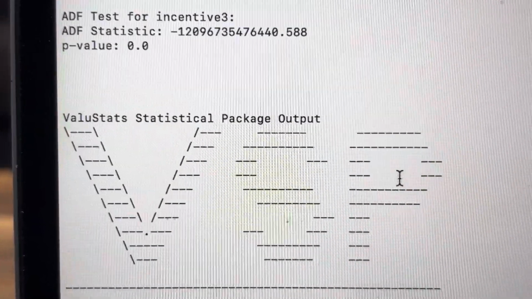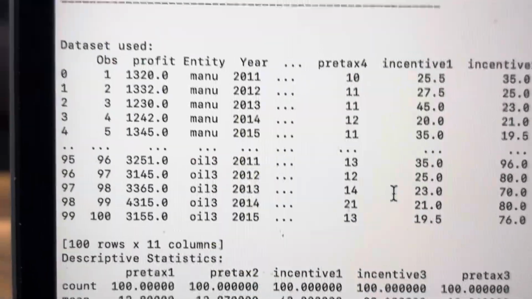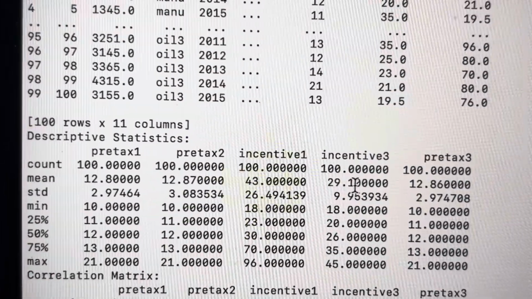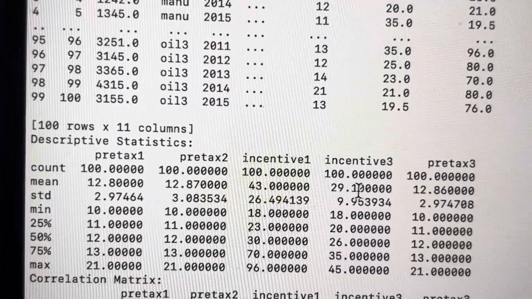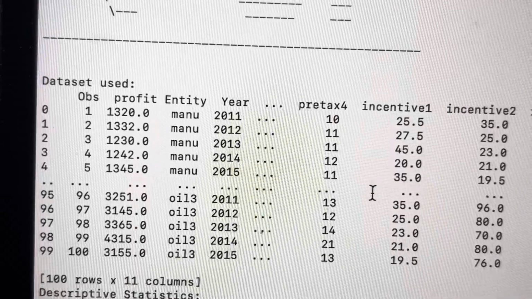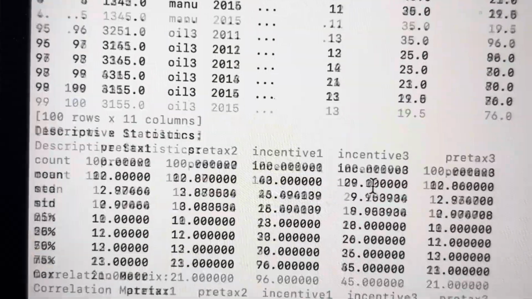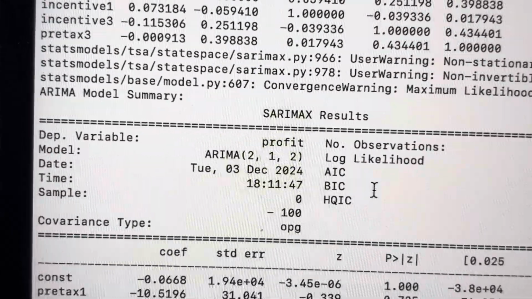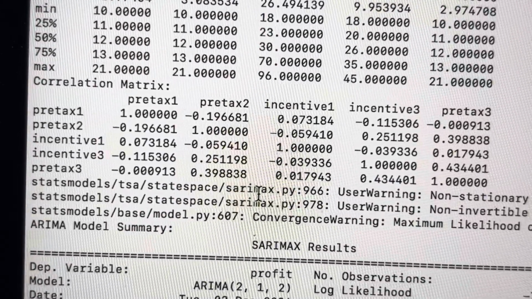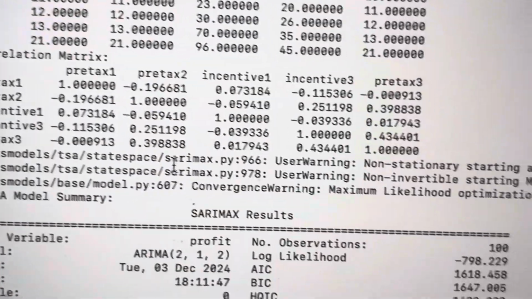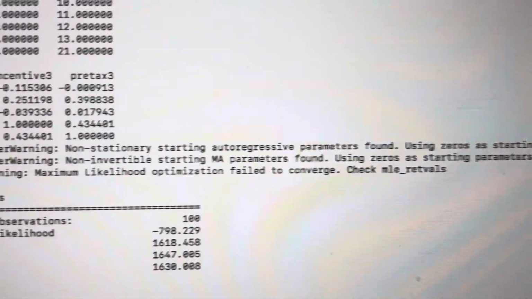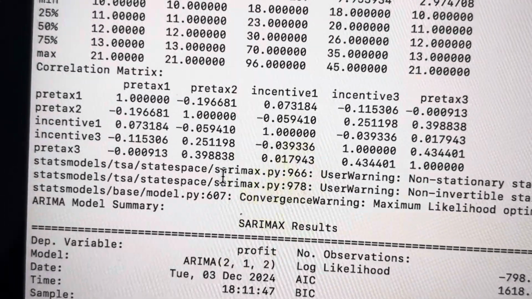And then it goes on to the analysis proper, starting with descriptive, and from descriptive went on to pre-tax. However, there are some warnings here, but the warning is not fatal because it's just showing you what it did.